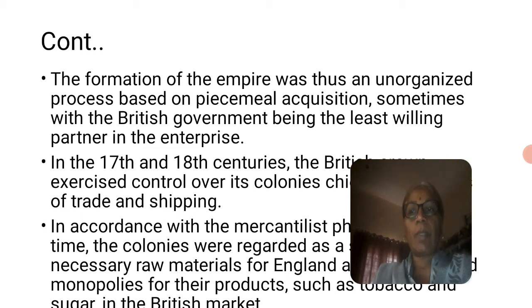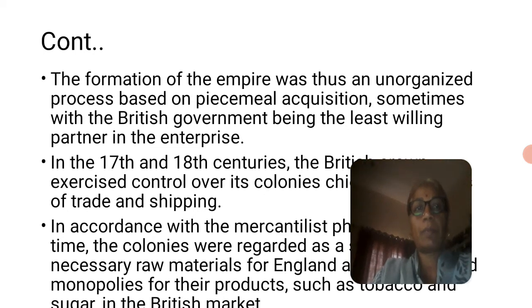In accordance with the mercantilist philosophy of the time, the colonies were regarded as a source of necessary raw materials for England and were granted monopolies for their products such as tobacco and sugar in the British market. In return, they were expected to conduct all their trade by means of English ships and to serve as markets for British manufactured goods.